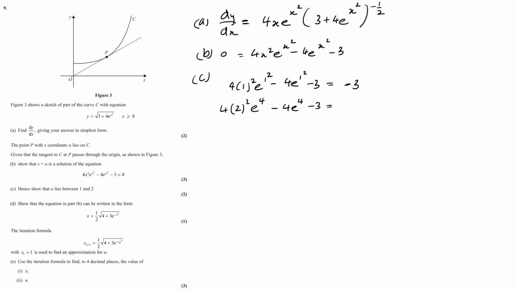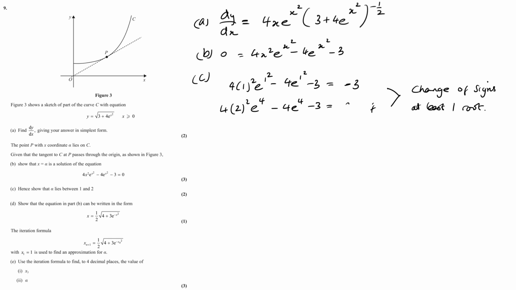Now this one's not quite the same, so we've got 4 times 4, so it's 8. 8 e to the 4 minus 4 e to the 4 minus 3. And we get 215.4. So change of signs, therefore at least one root.